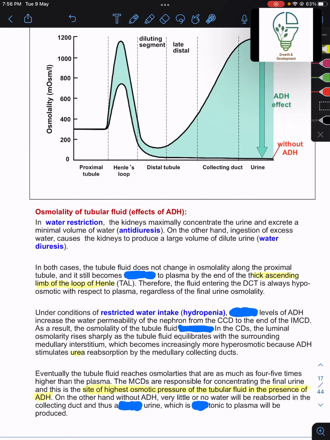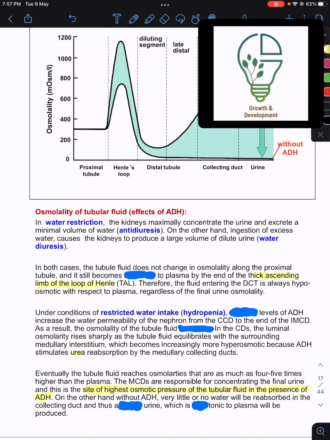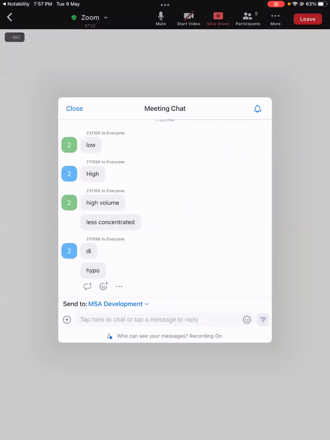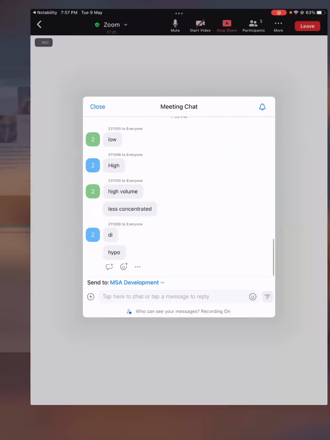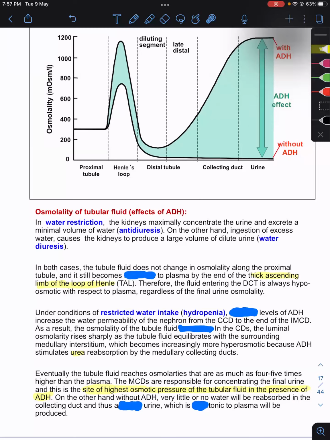Right before the fluid enters the distal convoluted tubule, is it hyper or hypotonic? Hypo, right? Because I just lost all of my solutes.